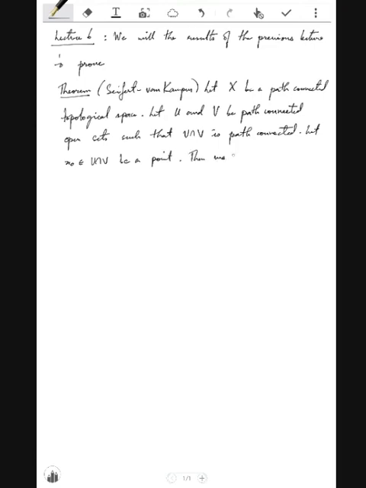Then we have maps induced by the inclusions: pi 1 of U intersection V, X naught to pi 1 of U, X naught, and pi 1 of U intersection V, X naught to pi 1 of V, X naught.